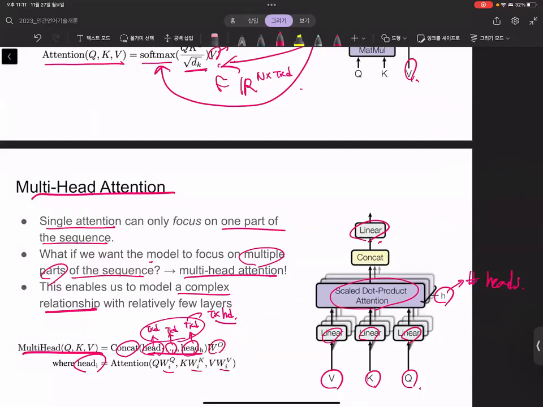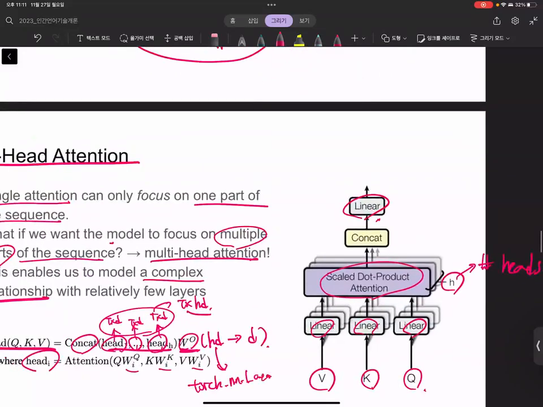One method is we use the linear layer. So HD to D. We can make it with torch.nn.Linear, HD to D. Okay, so this is the first approach.